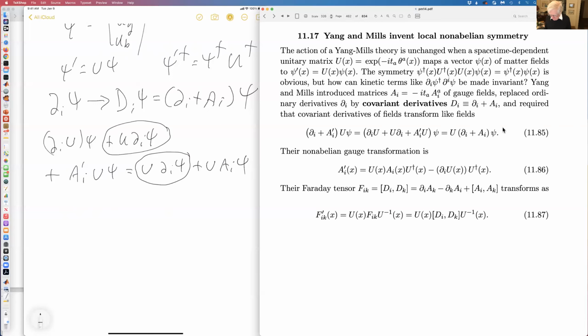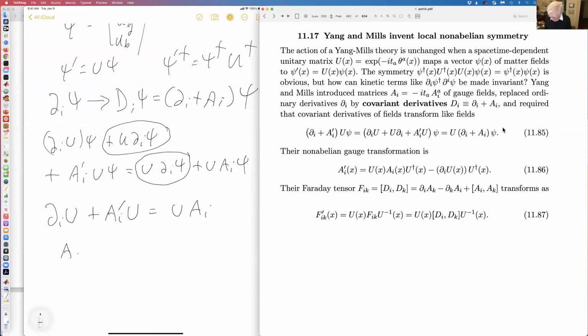Then we want this equation to work. Well, this equation will work if the partial derivative d_i of u plus A_i prime u is equal to u A_i.